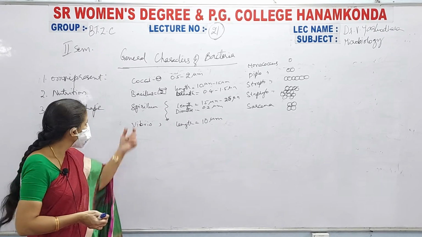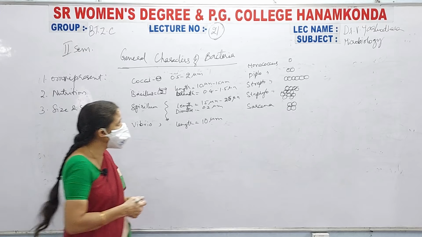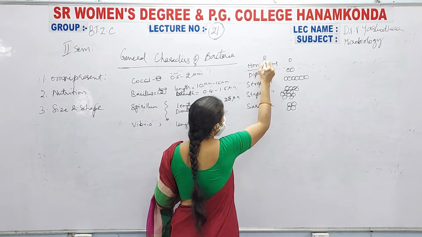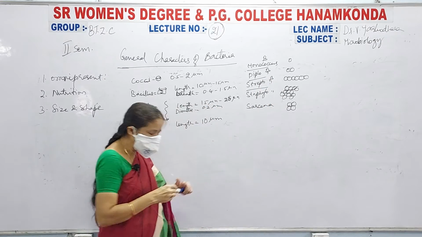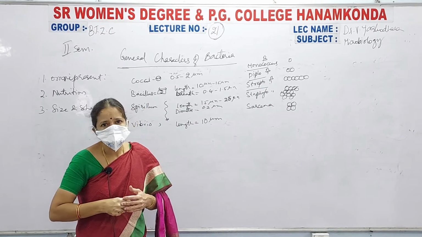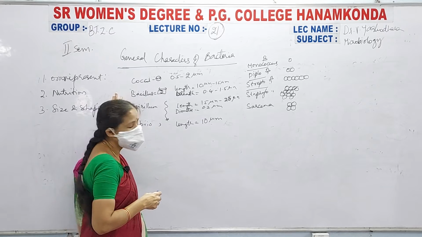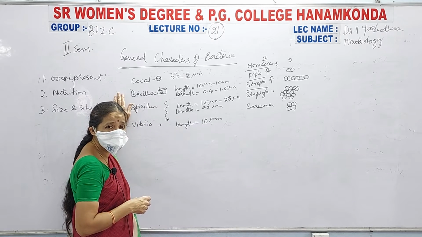Is it okay? Now, coming to the bacillus, it is monobacillus, diplobacillus, streptobacillus. The monobacillus example is Xanthomonas, the diplobacillus example is your Pseudomonas.